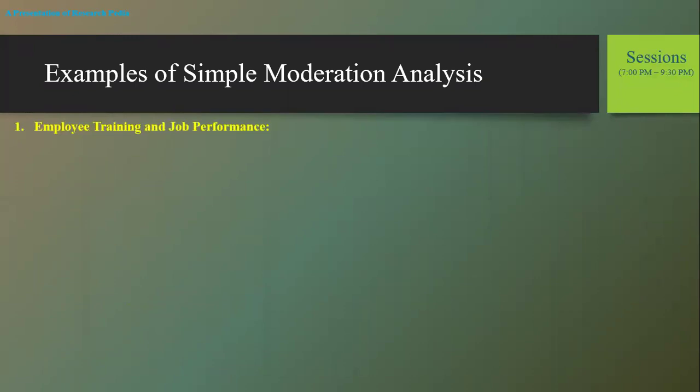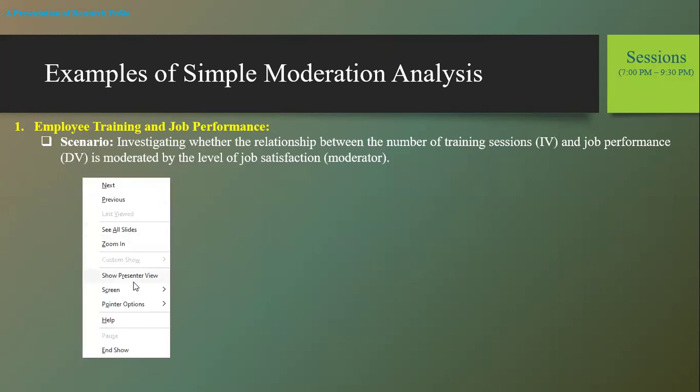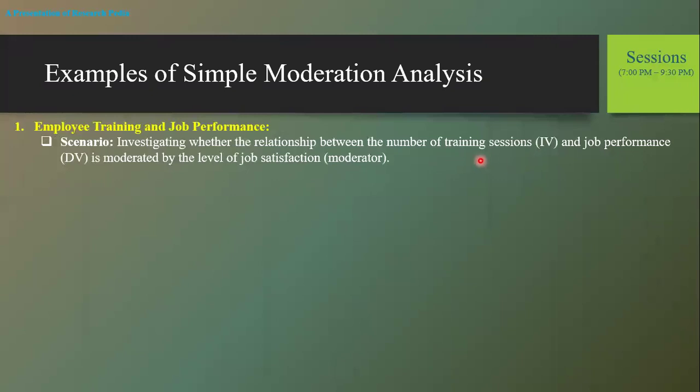For example, if you are doing research on employee training and job performance, there would be a scenario investigating whether the relationship between the number of training sessions, that would be your independent variable, and job performance, that is the dependent variable, is moderated by the level of job satisfaction, that would be the moderator.